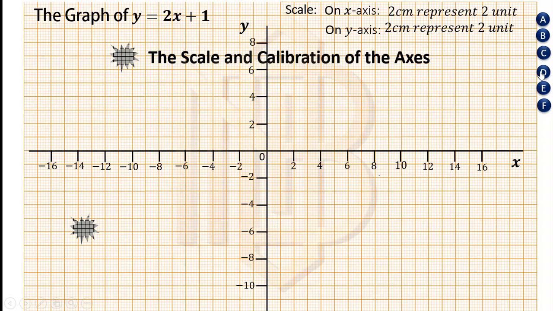So if we say 2 centimeters represents 2 units on y-axis, that's why we have each unit to have 2, 2, 2, 2, 2, and going upward is in 2s. That is, if you measure the 2 centimeters there, is 2 units. Okay, that's that.